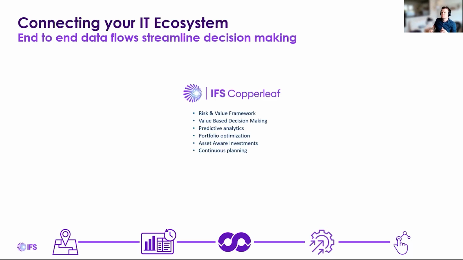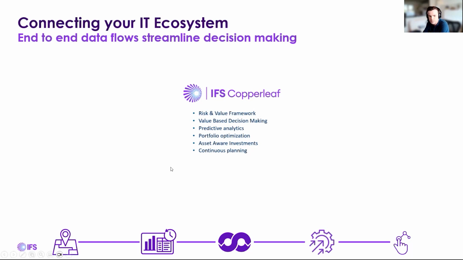So considering this as a full ecosystem, we have Copperleaf as the master of decision-making, master of investments, where we can undertake predictive analytics from the asset ground up, or for a top-down approach across capital allocation.